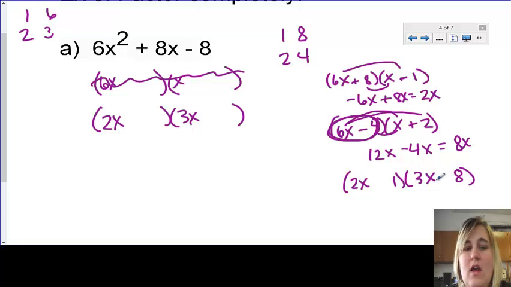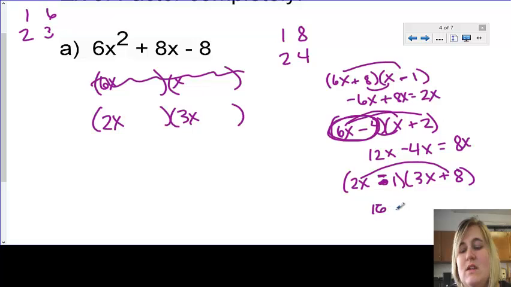We'll put the 1 here, and we'll make this one the positive. Whoops, this one was the negative. Okay, so outside gets me 16x. Inside gets me negative 3x. That gets me 13x. So that one doesn't work.